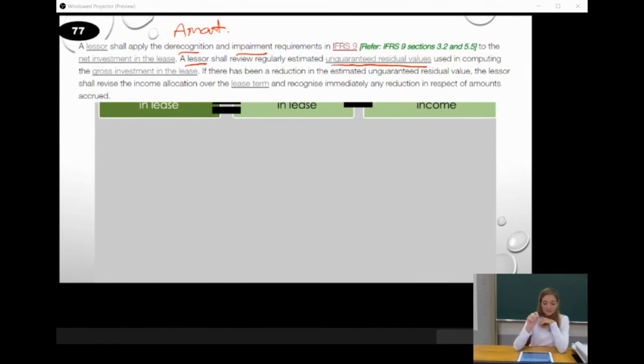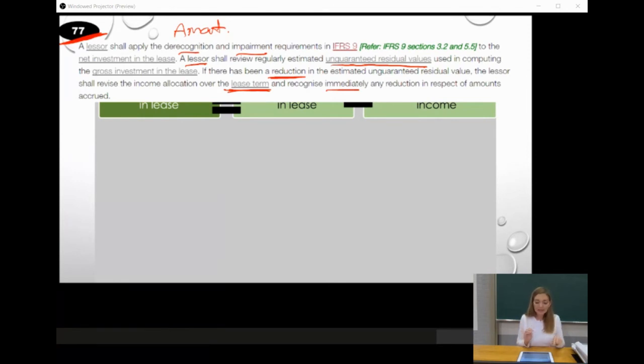Then what's interesting, a little bit of a funny thing in paragraph 77 that's different from what we know, is that it says that if there has been a reduction in the estimated unguaranteed residual value, then the lessor shall revise the income allocation over the lease term and recognize immediately any reduction in respect of the amounts accrued. So why is this funny?